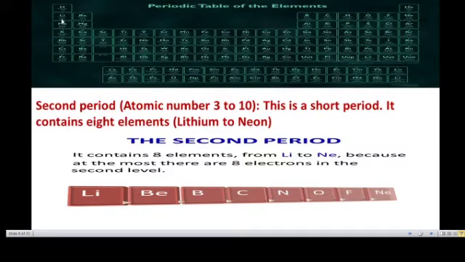The atomic number of lithium is 3 and the atomic number of neon is 10. It contains 8 elements from lithium to neon. Because of that, there are 8 electrons in the second level, that is the second shell.